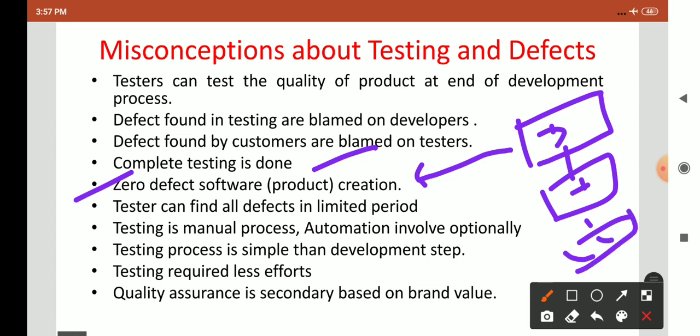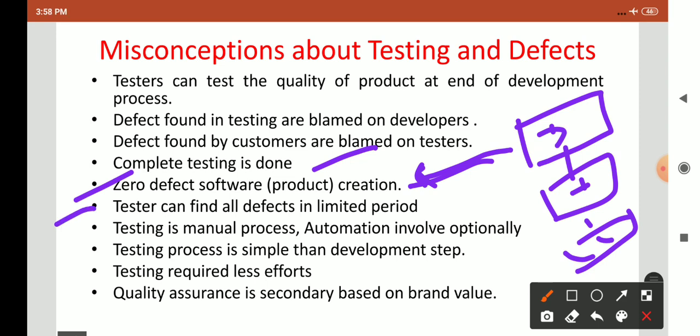But during this phase it may happen that your product contains bugs. So zero defect software creation is again a misconception. There is a possibility that some of the bugs are not detected by the tester, developer or customer.